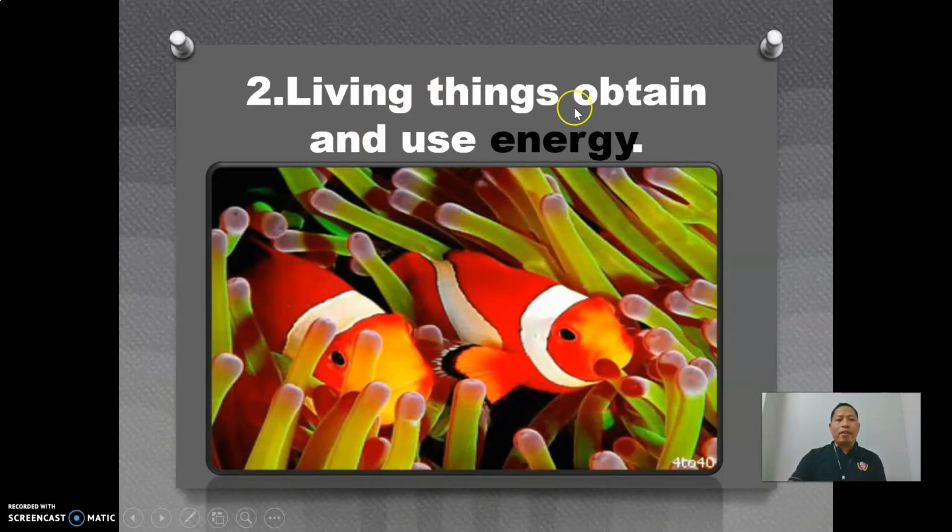Living things obtain and use energy. Energy means you can run, you can use energy to jump, to climb, to sing, and even to eat. All right, now next.